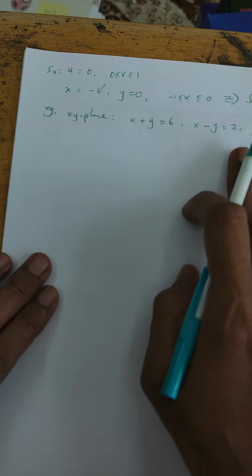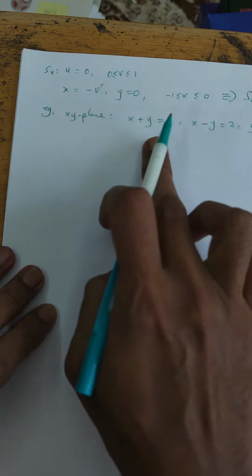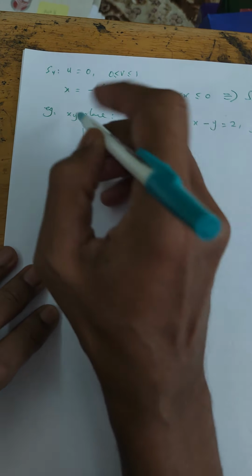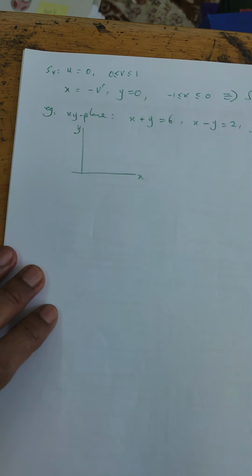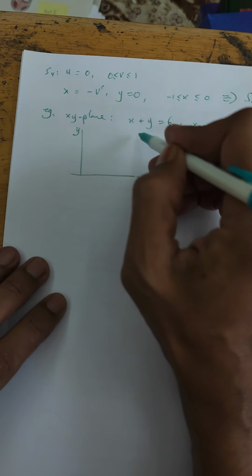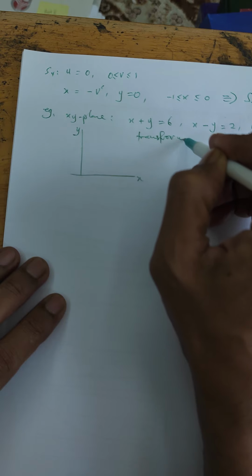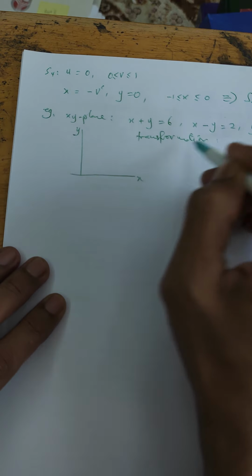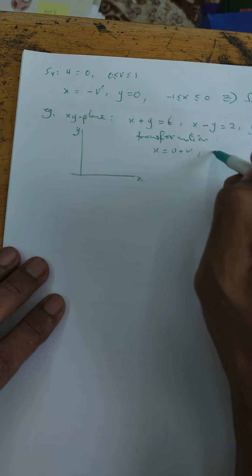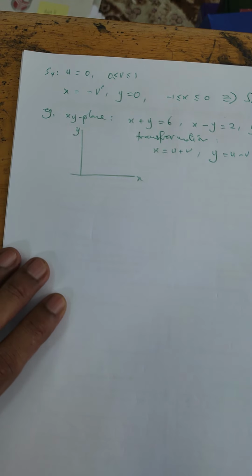It is not difficult, of course, to sketch the region bounded by those equations on the xy plane. Then we want to use the transformation: x equal to u plus v, y equal to u minus v. So let's see how the region looks.